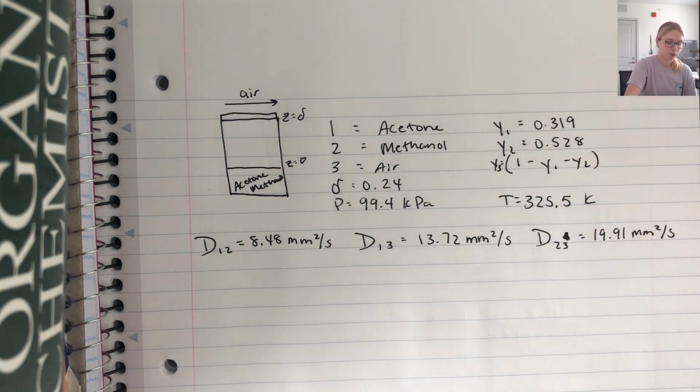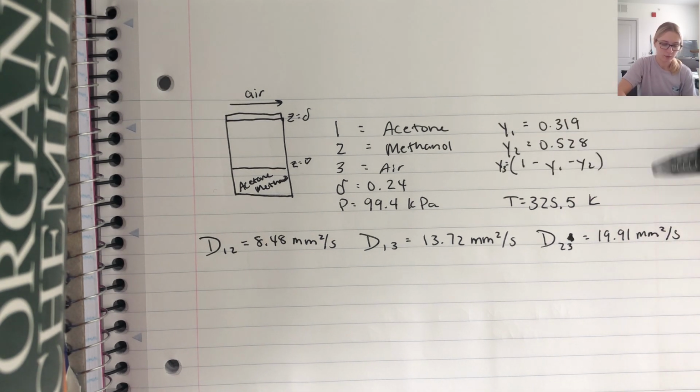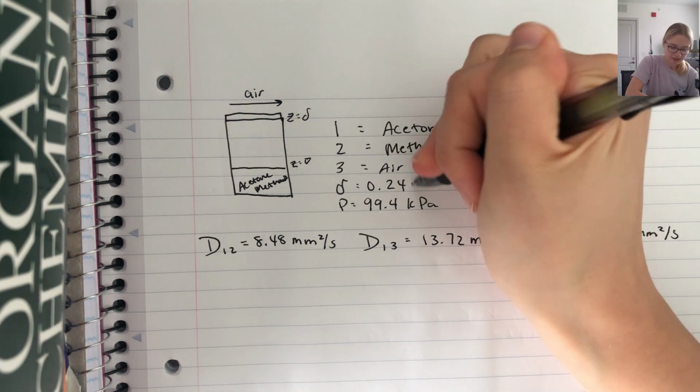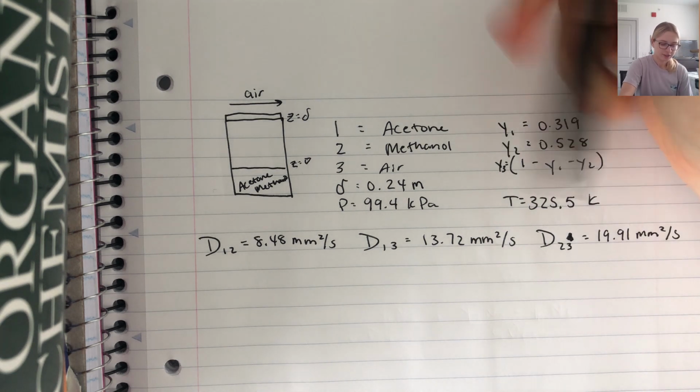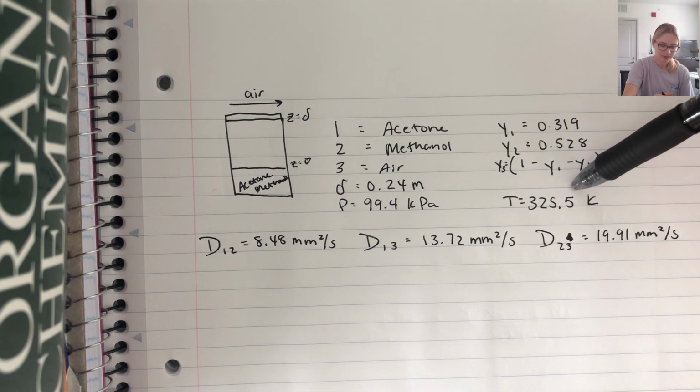We want to solve for the molar fluxes of acetone and methanol in this situation, and we are given initial conditions for the mole fractions of both of these substances. We are also told that delta is equal to 0.24 meters and are also given the pressure and temperature within the Stefan tube.